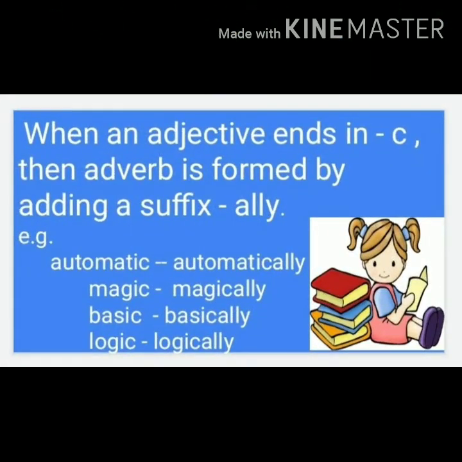Now the third rule is when an adjective ends in c, that is, the last letter of the adjective is c, then the suffix ally is added. For example, automatic. Here the last alphabet is c. So the adverb will be formed by adding the suffix ally.